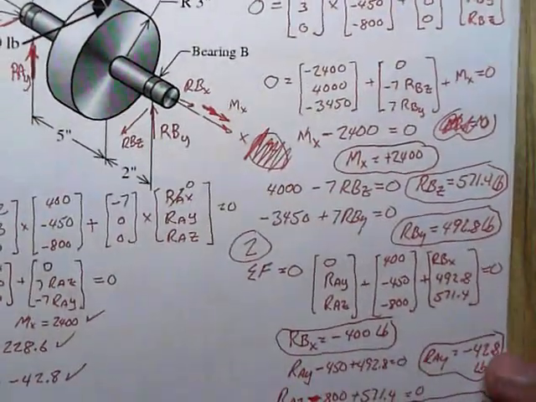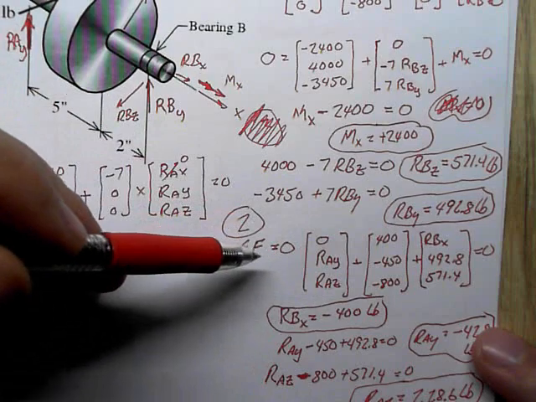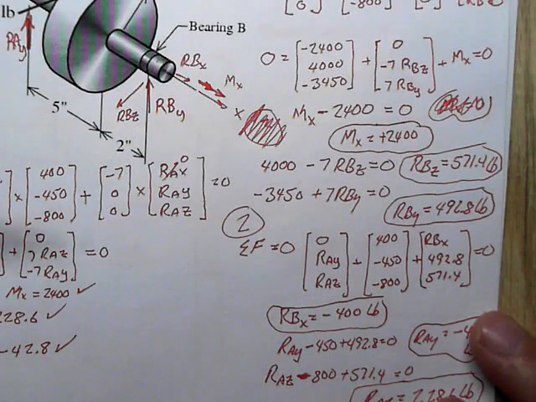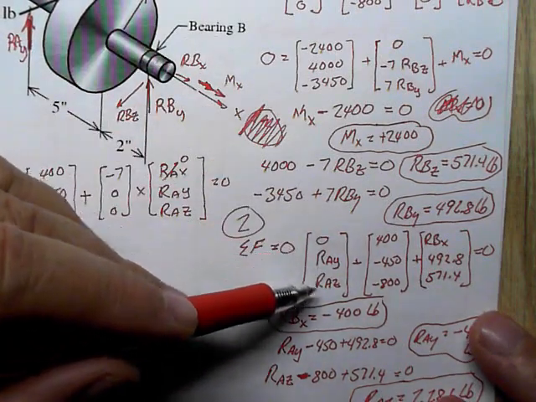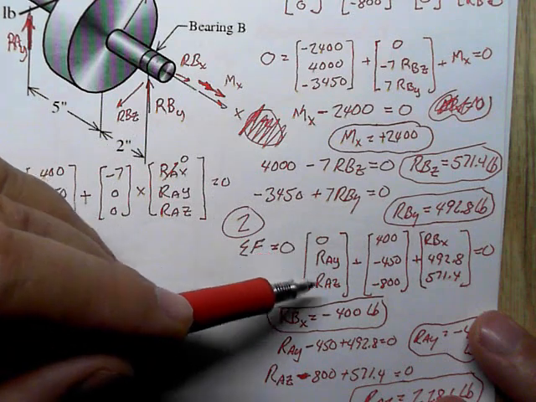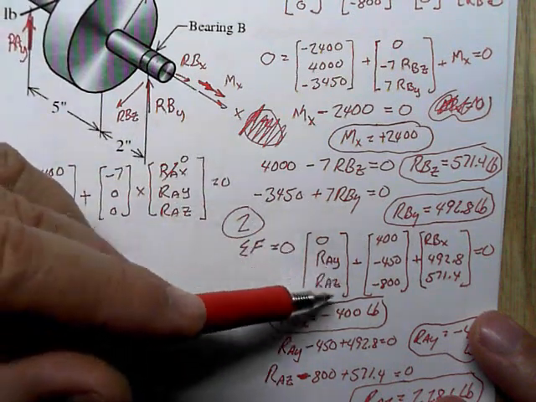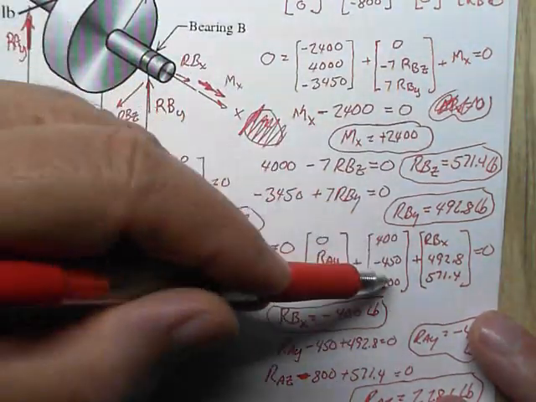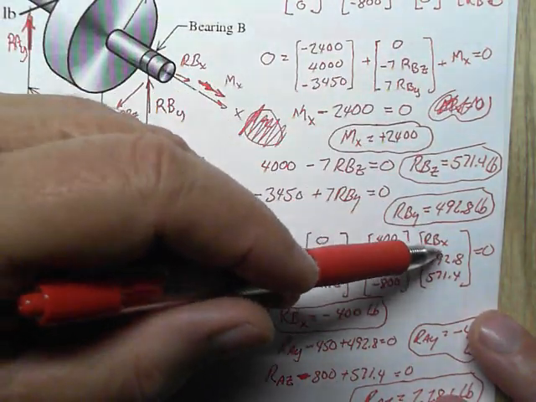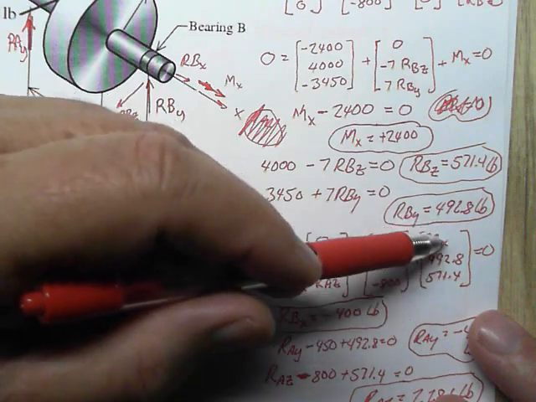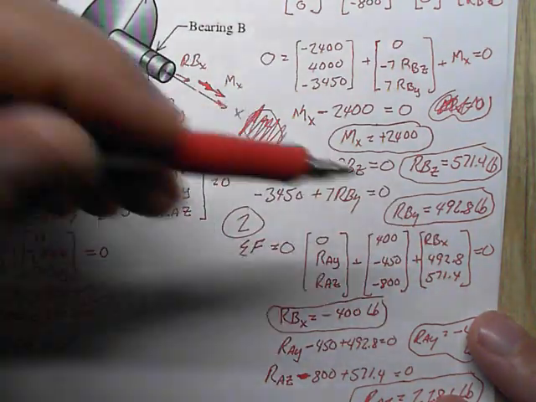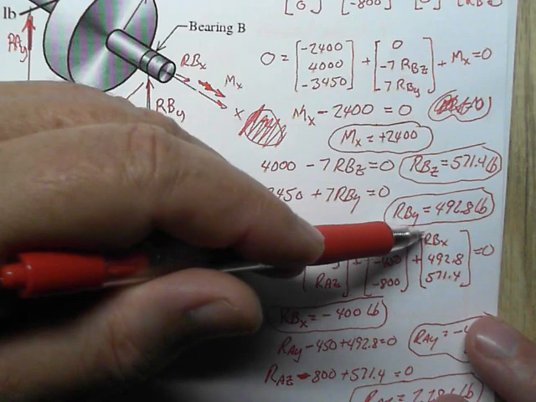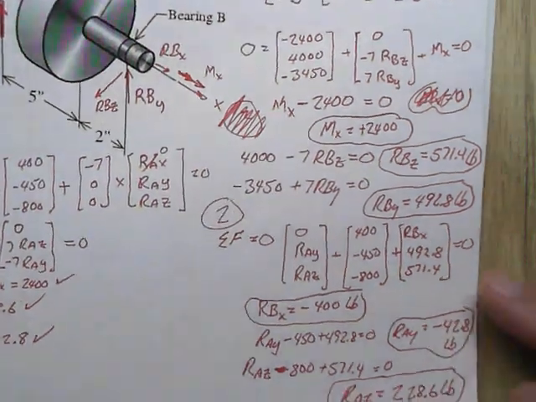Step 2 is let's just sum forces. The sum of forces equals 0, so I have the reactions at A, where I don't have an X term, only a Y and a Z term, which I show in the positive direction, plus the applied loads from the gear, plus the loads that I've solved for at point B, including one of the loads I wasn't able to solve for at this point.